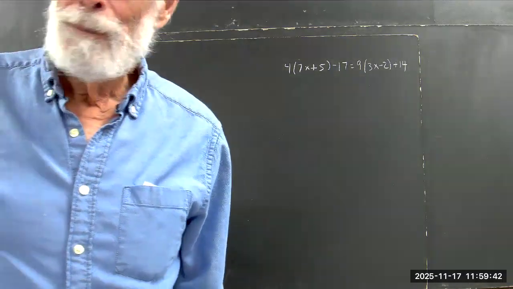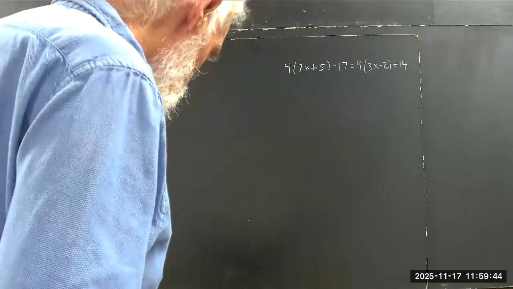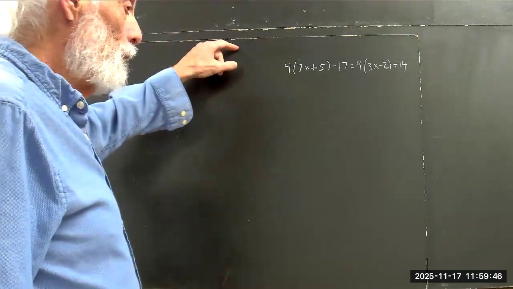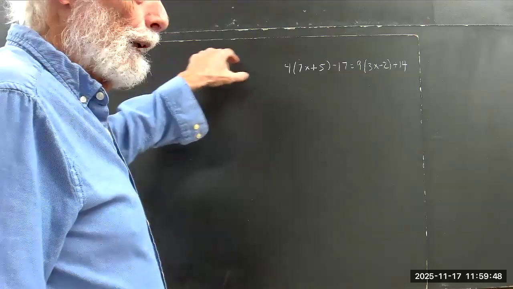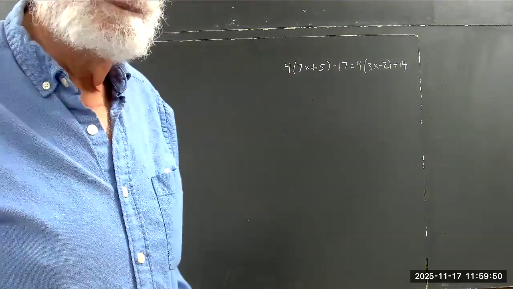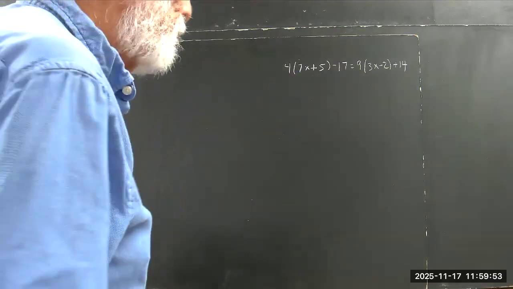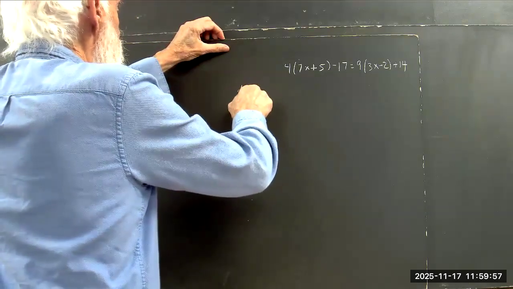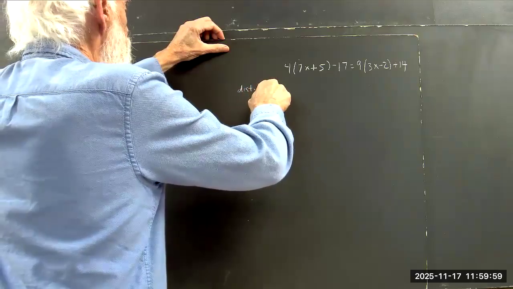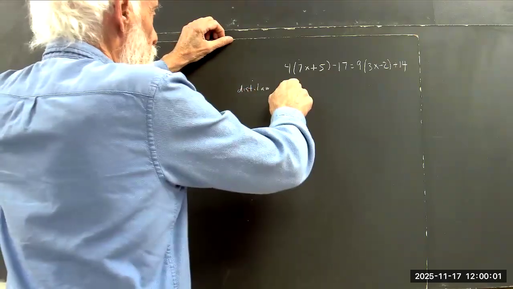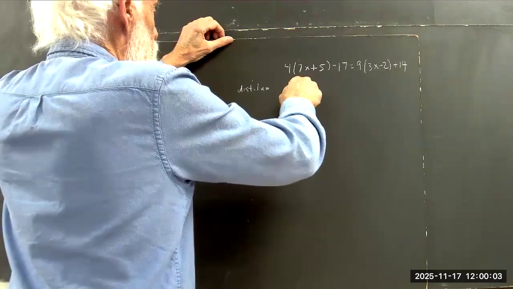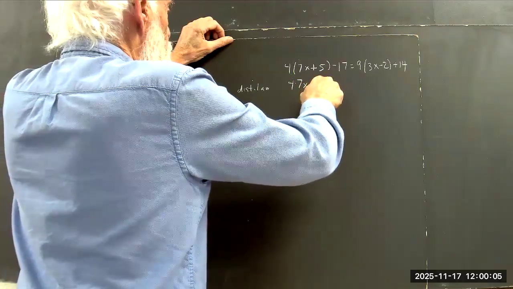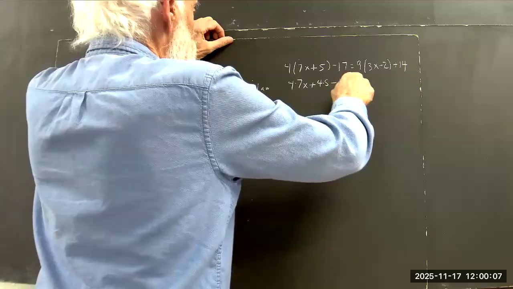Okay. So first, I'm going to write add same thing to both sides, multiply or divide both sides. So first thing I'm going to do, I'm going to apply the distributive law. I'm going to get 4 times 7x plus 4 times 5 minus 17.